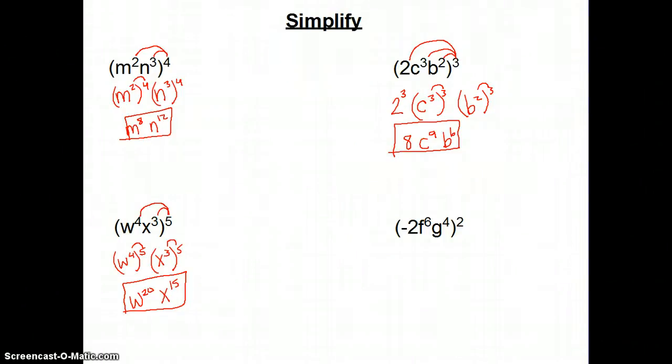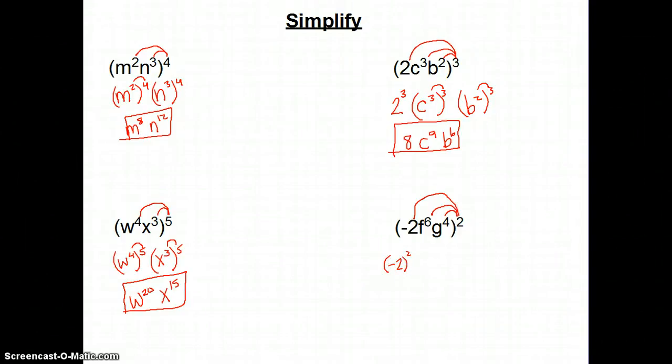Down below, again, very similar. I'm taking that exponent of 2 on the outside, applying it to my negative 2, to my f to the 6th, and to the g to the 4th terms. So I have negative 2 raised to the 2nd power. Be very careful.